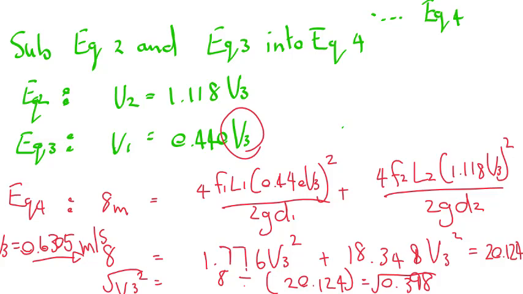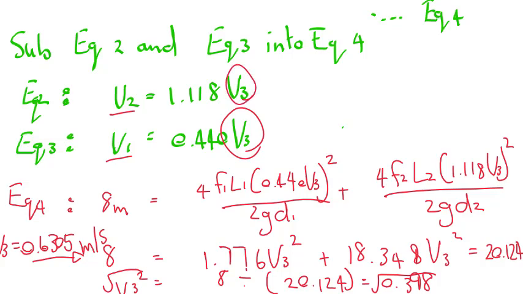Easy. And that's basically the last thing that you had to calculate that's difficult. Now the only thing you'll do is go and substitute V3 into equations 2 and 3 and calculate the velocities for those. Remember, we have V1 in terms of V3, and we also have V2 in terms of V3.